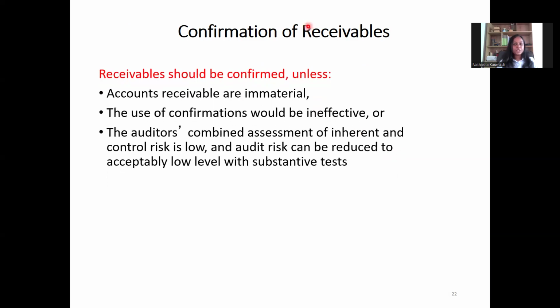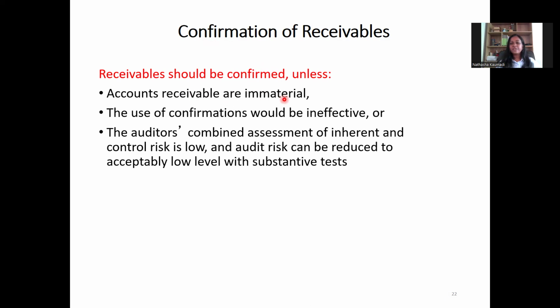Confirmation of receivables. I told you, you are going to confirm the balances from the debtors. Receivables should be confirmed. Usually in an organization, receivables are confirmed. But what are the instances where we do not call confirmations? Accounts receivable are immaterial, small amounts.